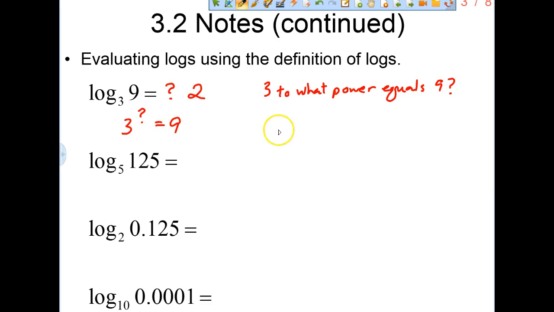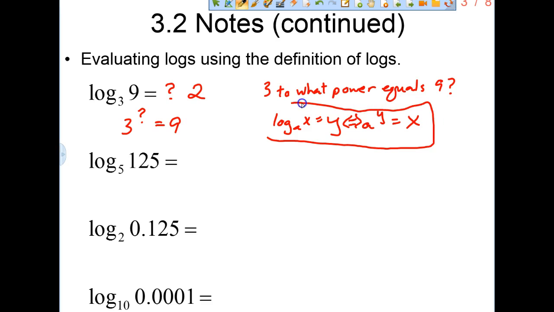So you have to always go back to the definition of logs. So if I have the log base a of x equals y, then that means a to the y equals x, right? So you have to remember this. This is something that you should have memorized. All right, so the log base 5 of 125 equals what?